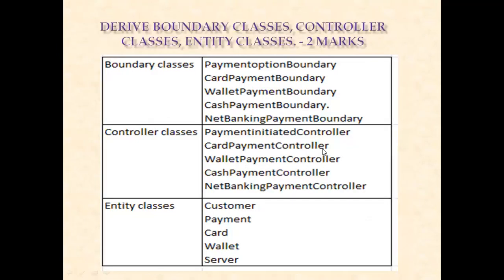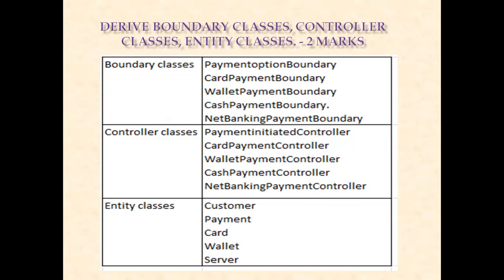The next question is you have to derive the boundary classes, the controller classes, and the entity classes. Please note, these are the classes and this is the topic that you need to learn from your MVC architecture and object oriented approach topic. The second question says that you need to derive these classes using the above mentioned example only.